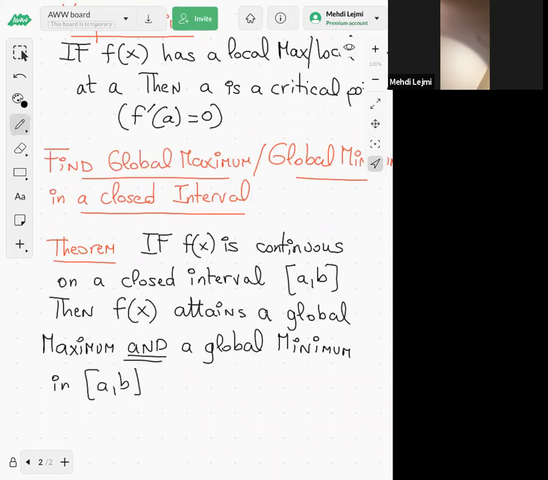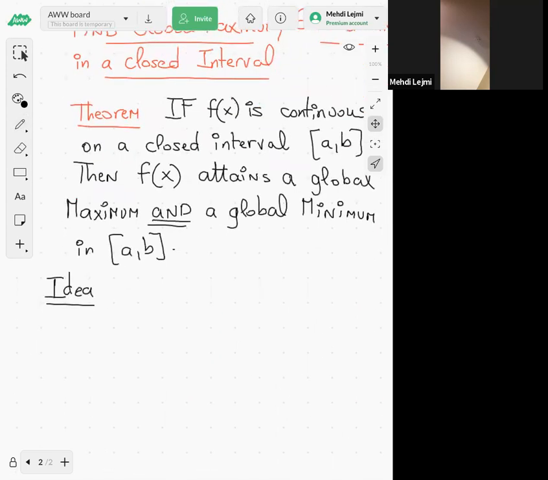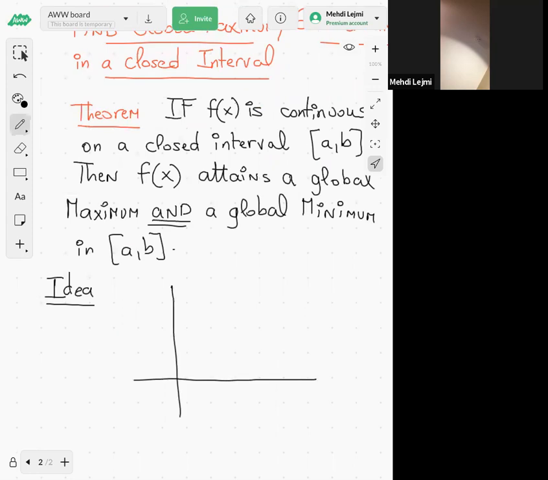So what does it say in the theorem? It says that whenever you have a function which is continuous on some closed interval AB, the idea is the following. You have A somewhere here, and you have your B somewhere here.